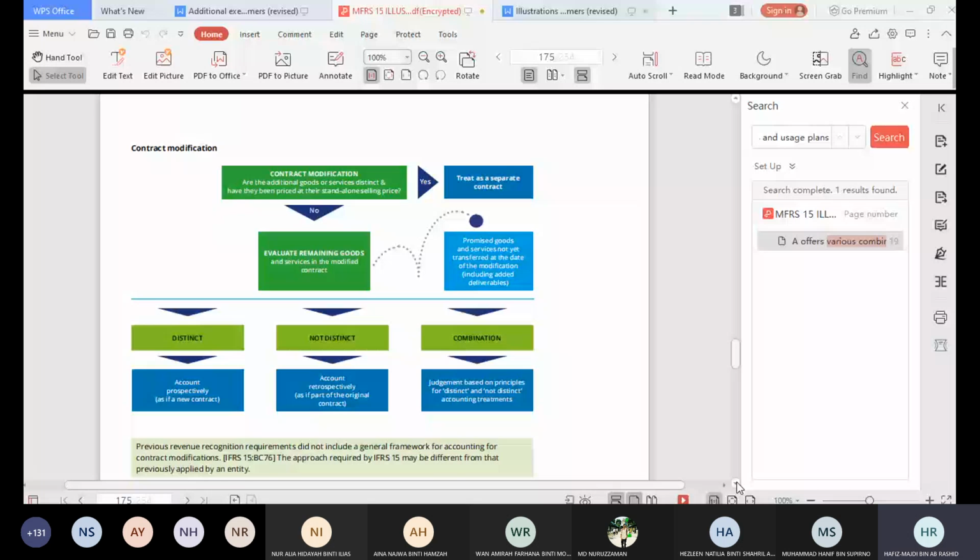Okay. So I think this graph is a good explanation with regard to contract modification.